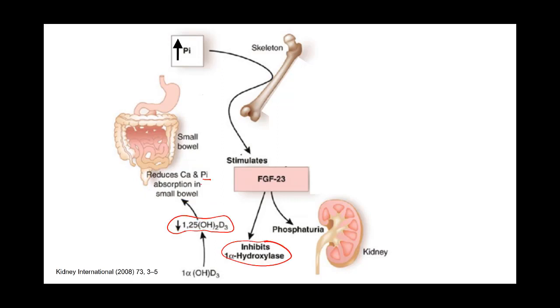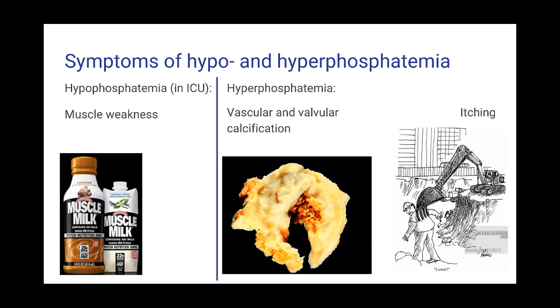So when there's high phosphorus in the blood, the gut and the kidneys try very hard to bring the phosphorus levels back to normal.